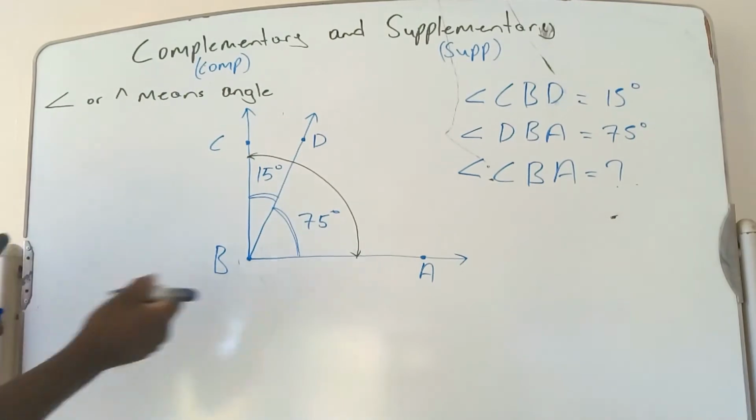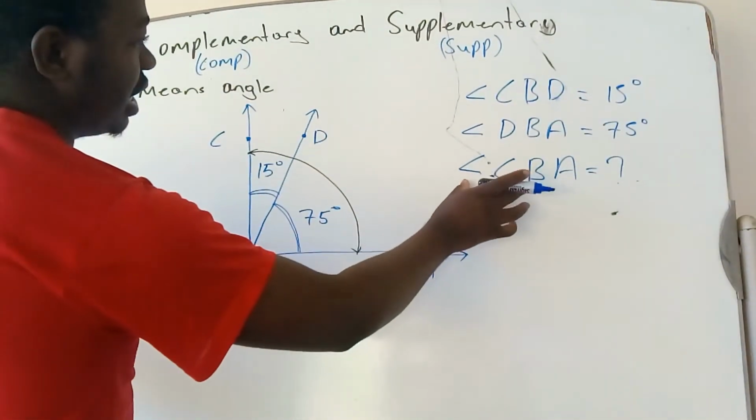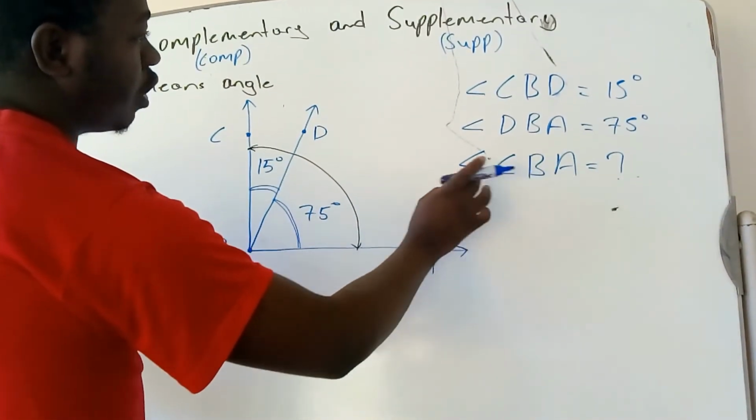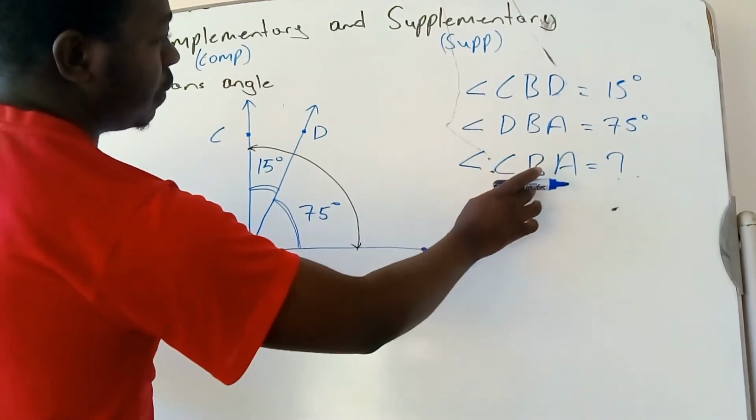Now, we could use the idea of complementary angles to solve for angle CBA.